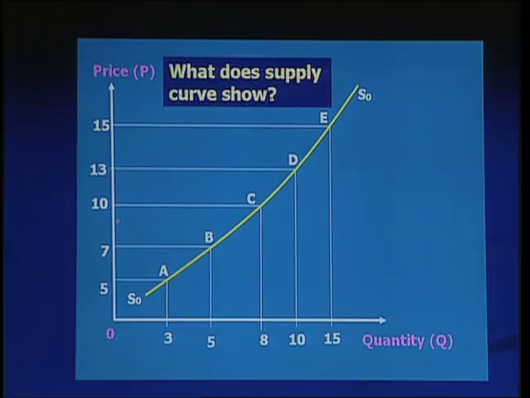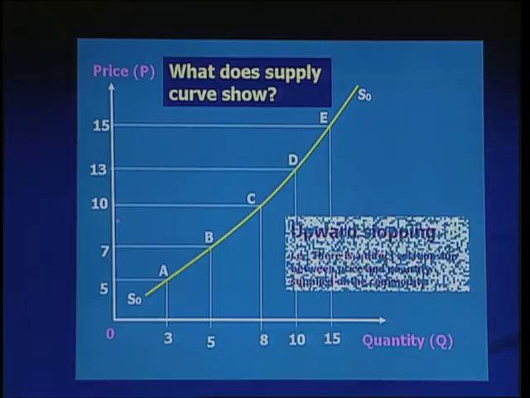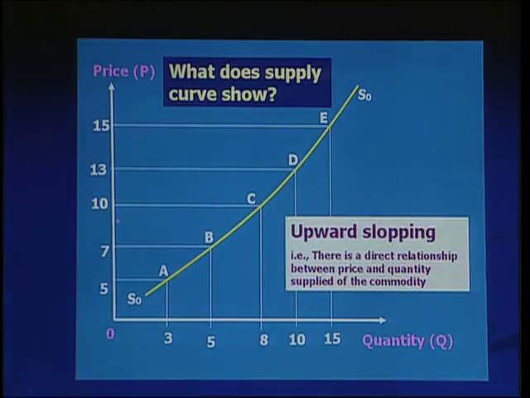Now, what does the supply curve show? The supply curve shows an upward trend. That means it is an upward sloping curve. That means there is a direct relationship between the price of the commodity and the quantity supplied of the commodity.